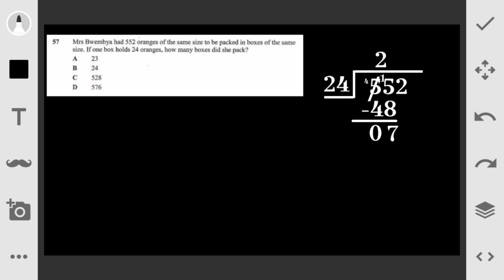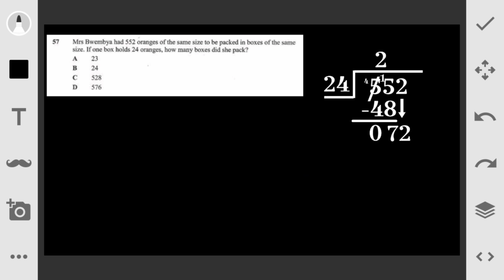Now we are going to drop 2 down here so that it is with 7, and it will become 72. Now it has become 72, but as you can see, in front there is 072.